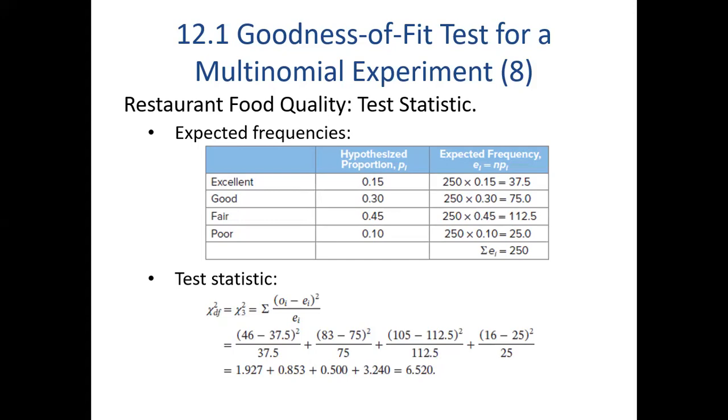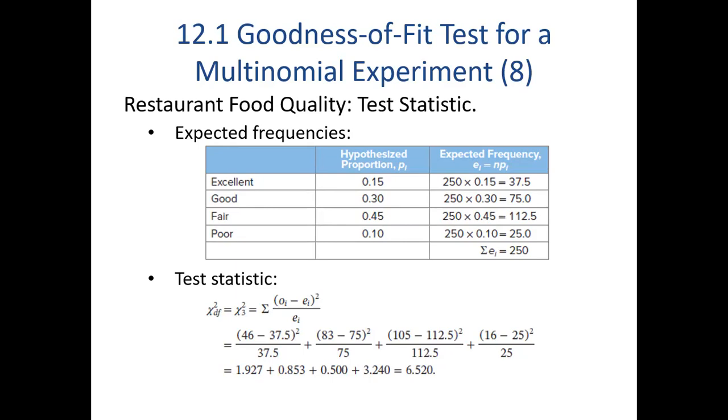Expected count for excellent would be 37.5. Expected count or expected frequency for the good category will be 250 times 0.3, which is 75. Okay. Now, similarly for fair, it will be 250 times 0.45. This is the expected value, 112.5. And poor is 250 times 0.1, which is 25.